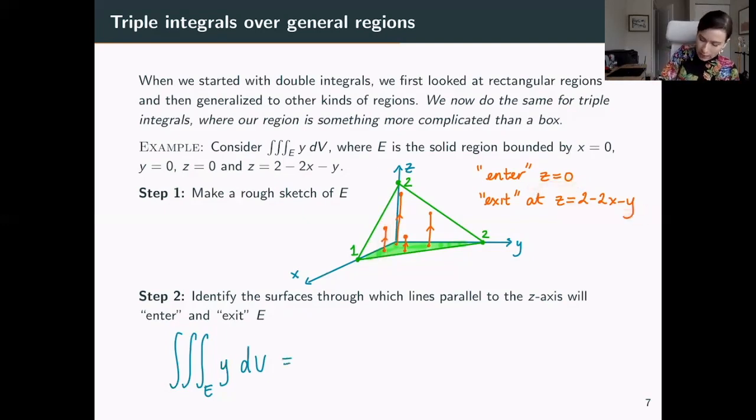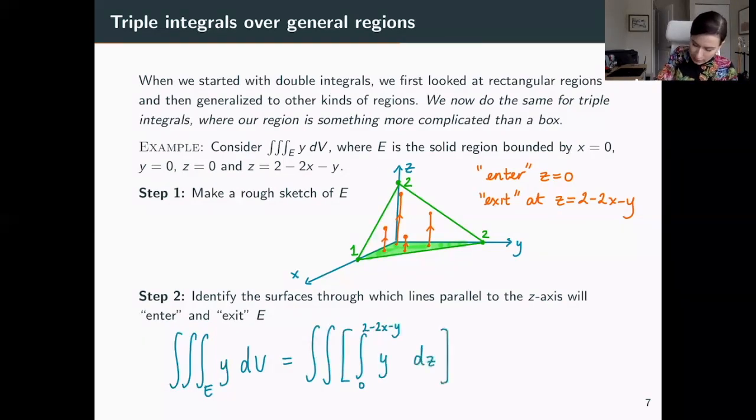So we can rewrite this as still going to be a double integral on the outside, but the inside is going to be the integral from 0 to 2 minus 2x minus y of y dz, and then on the outside, I'm going to have either dy dx or dx dy. Let's just deal with dA for now.